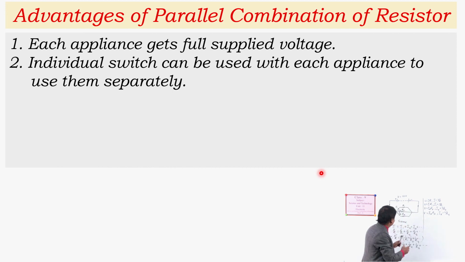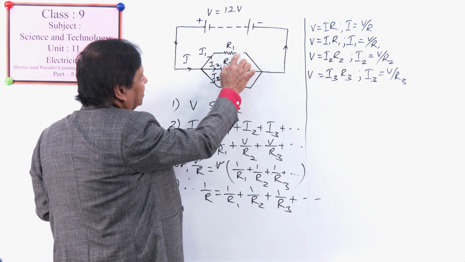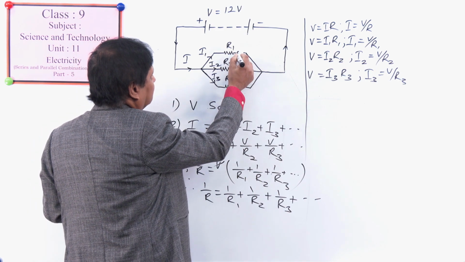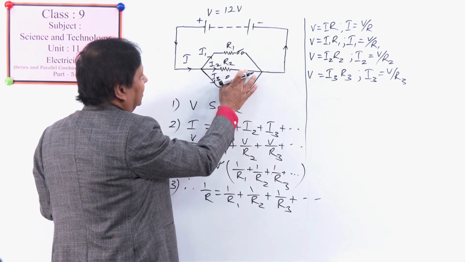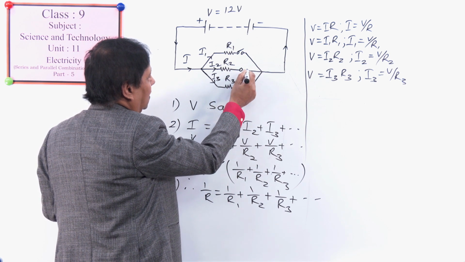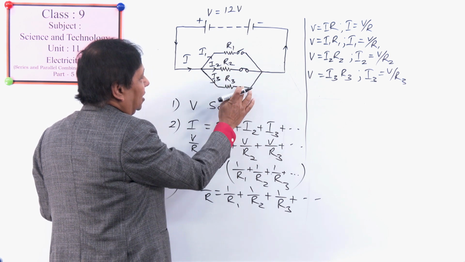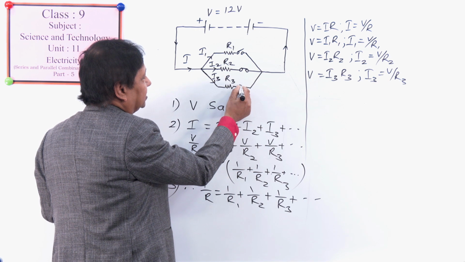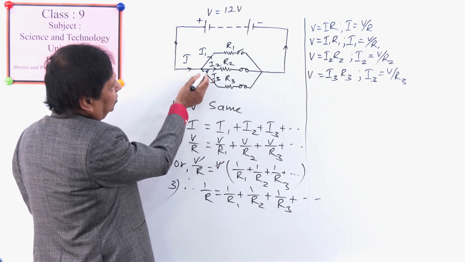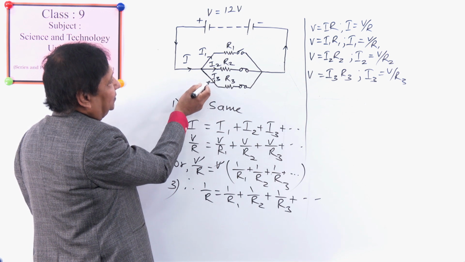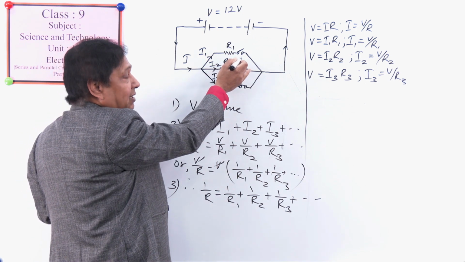What? Look at this. We can take a switch here. If switch is used and this is off, and here another switch which is on, another switch here if this is on, then what happens? Current flows through this second path and third path, but first path is empty.